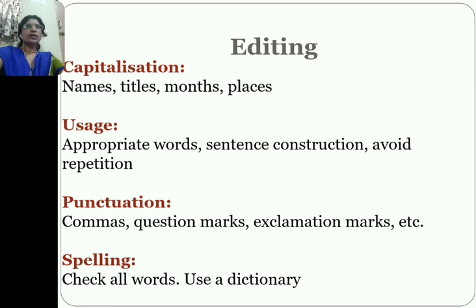The writer should read the draft, check every word, its spelling, capitalization, and punctuation, etc. And the writer makes correction if there are any. The writer also avoids unnecessary repetitions. The writer can use appropriate words, sentences. This is also called as proofreading.